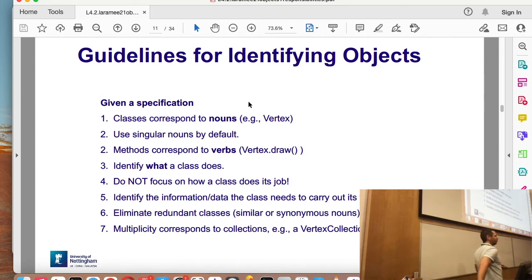That is an absolutely fundamental rule, and if you look carefully around, you'll hopefully see that rule being followed. If you see that rule not being followed, somebody has made an error. If you look at the Java API, for example, you'll see that they all follow that rule. They all use singular nouns by default.